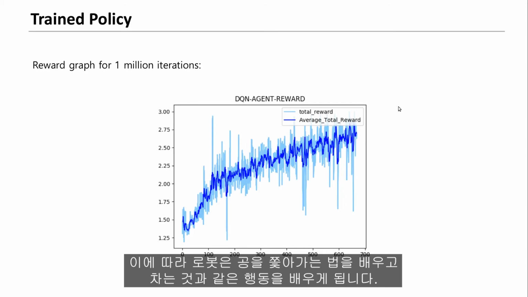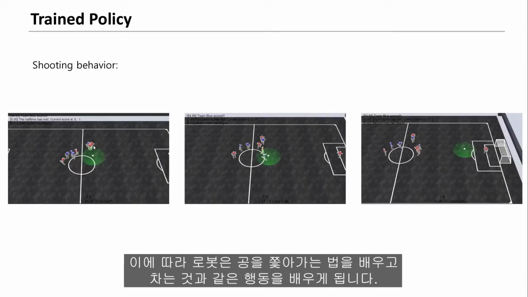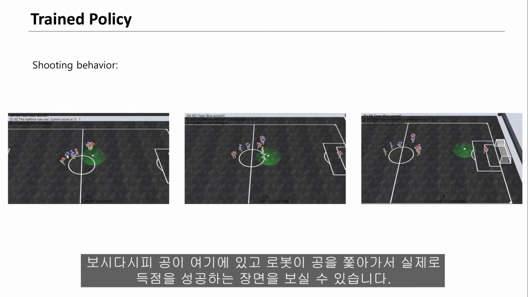And the robot is able to learn how to chase the ball and also able to learn behaviors such as kicking. You can see here that the ball is here, but the robot chases the ball and then kicks in the opposite direction and is actually able to score.